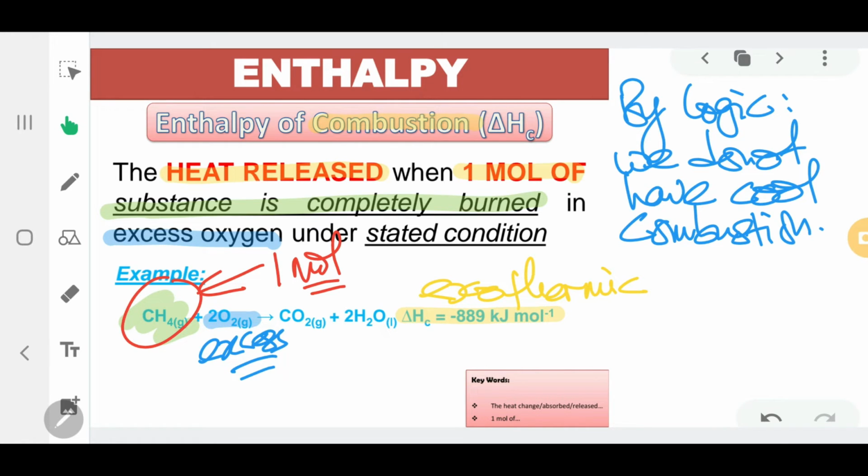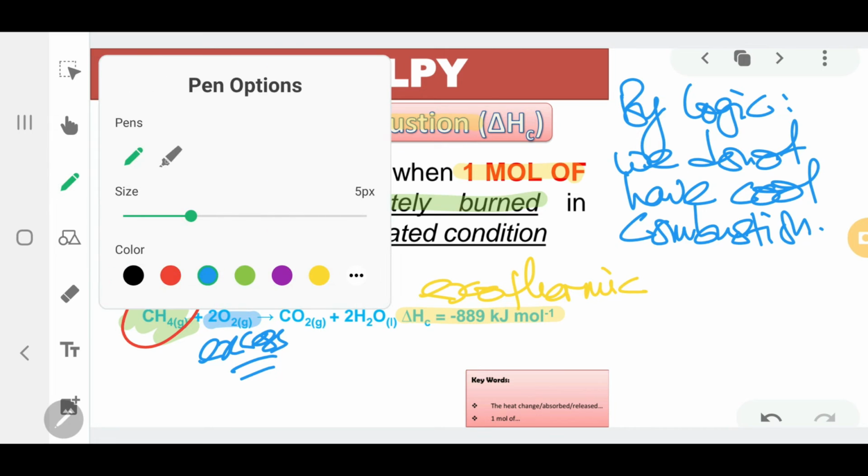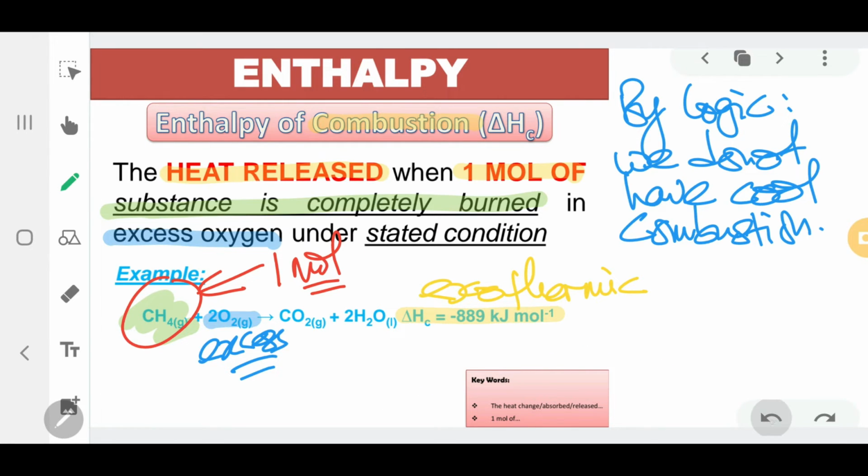It's very different from enthalpy of formation just now. That's why it's very important for you to focus on the 2 keywords I have shown: what happens to the heat, and what stuff is kept at 1 mole.